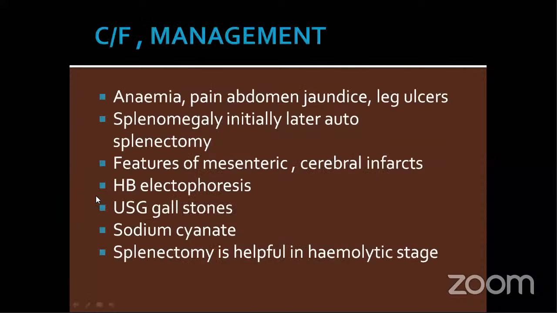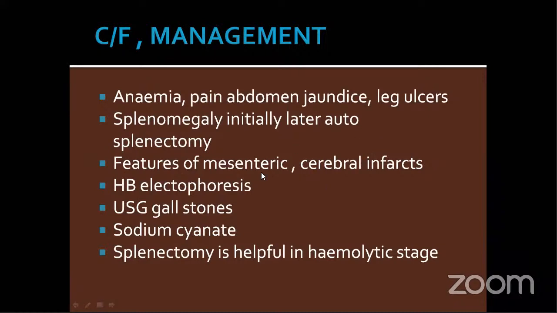The clinical features are anemia, pain abdomen, jaundice, leg ulcers, typical leg ulcers, initially splenomegaly, and later because of the autosplenectomy or shrinking of the spleen, it might not even be found. And other infarction, features of mesenteric infarction, cerebral infarcts also have been reported.